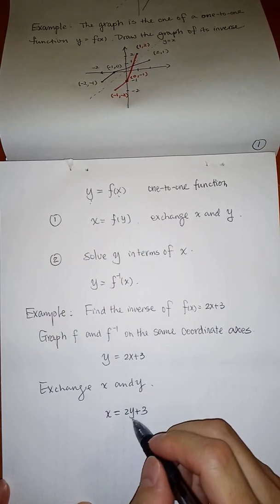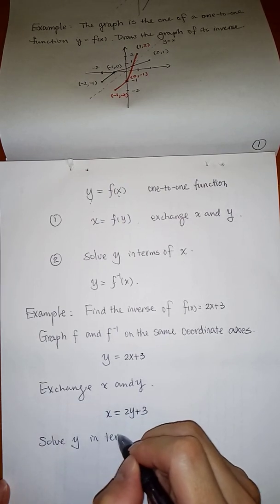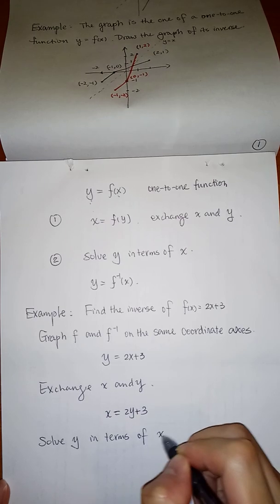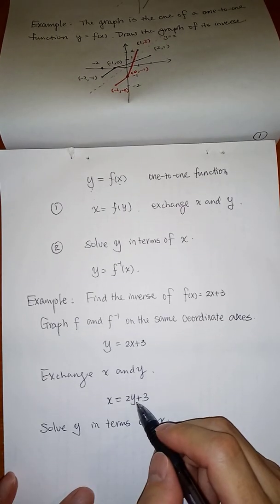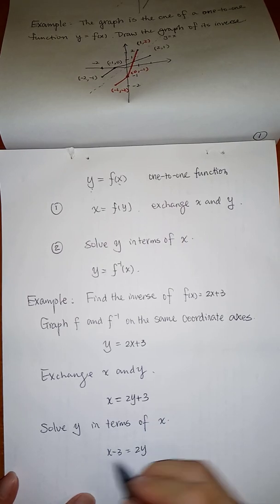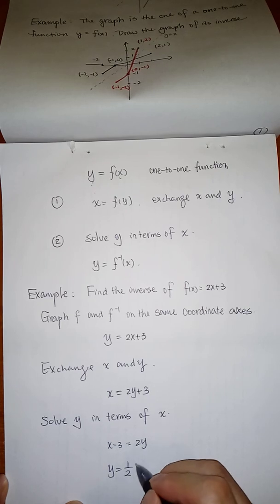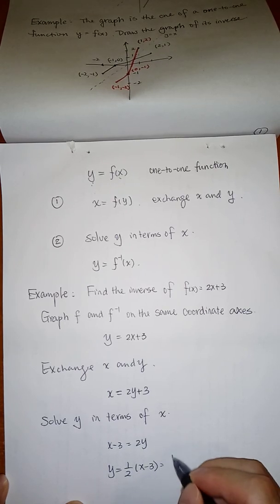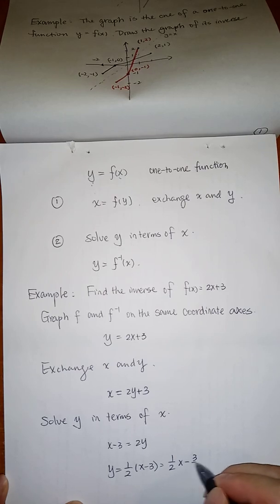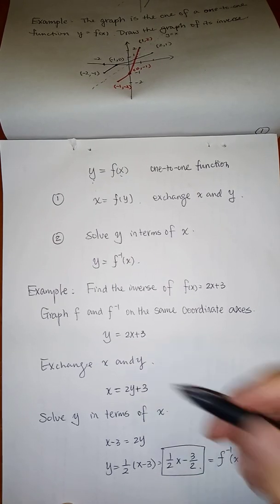And you solve y in terms of x. Okay, so how do we solve y? We move 3 to the other side and divide the equation by the coefficient of y. So this is f inverse. So exchange, solve.